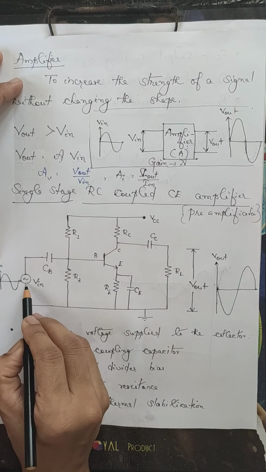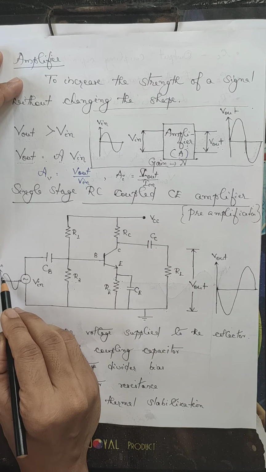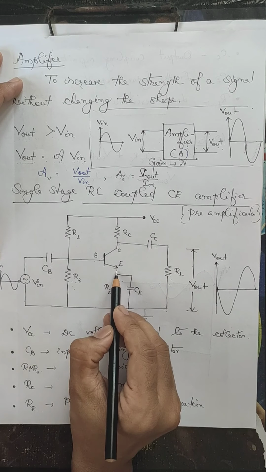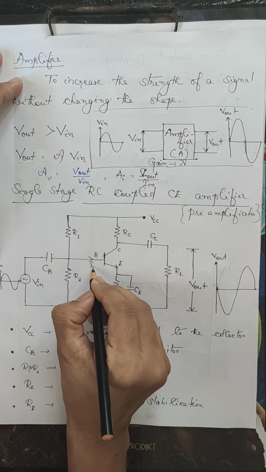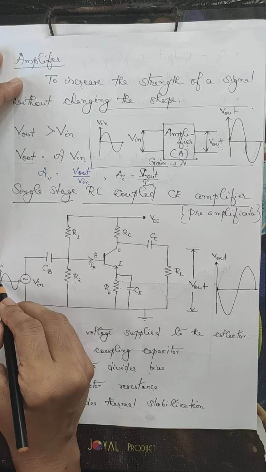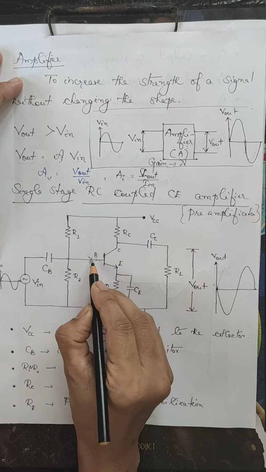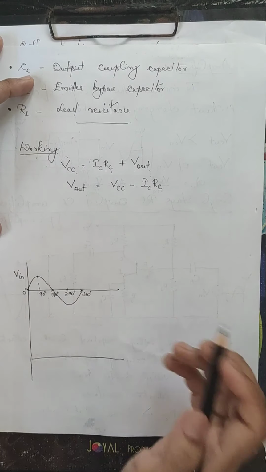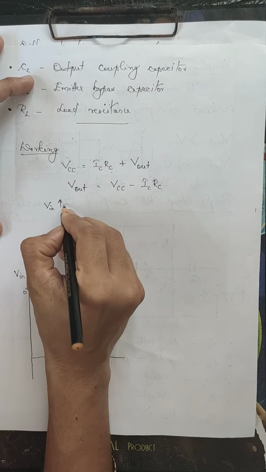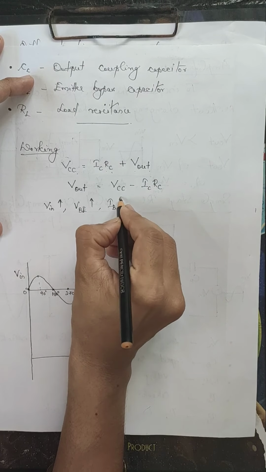So we are giving the input voltage or connecting the input voltage between base and emitter. So when the input voltage increases, the voltage across the emitter base junction increases. That is VBE increases. As a result, the base current IB also increases. So we can write, when Vin increases, VBE increases and IB increases.